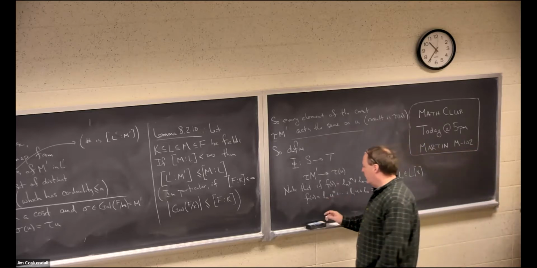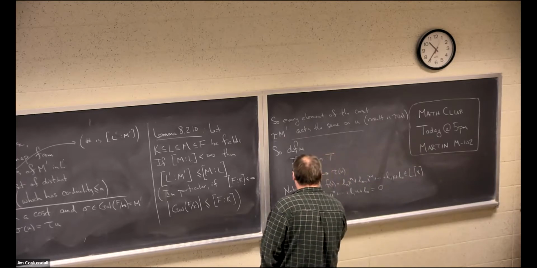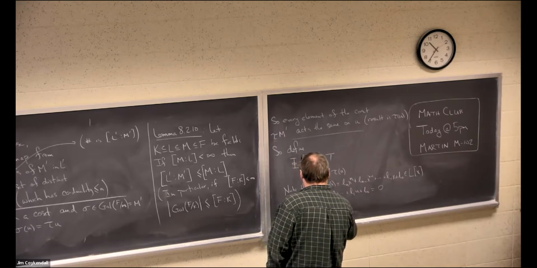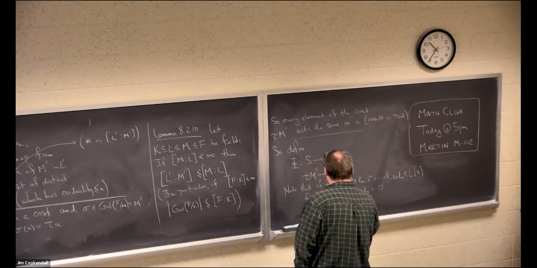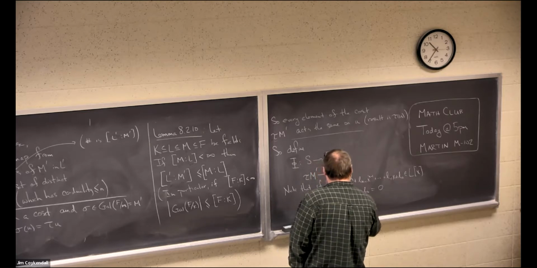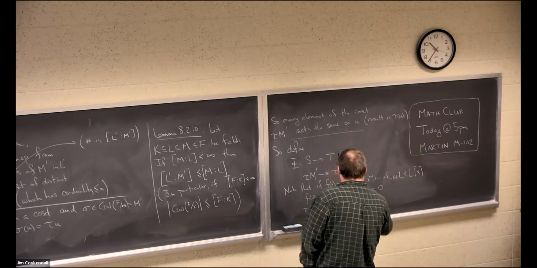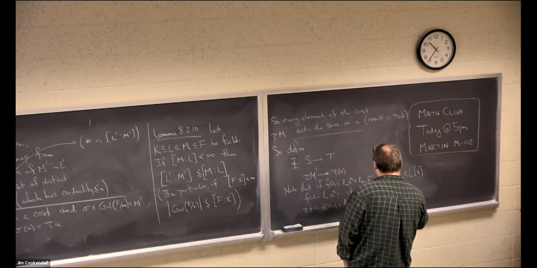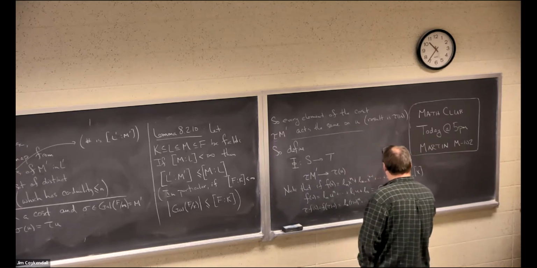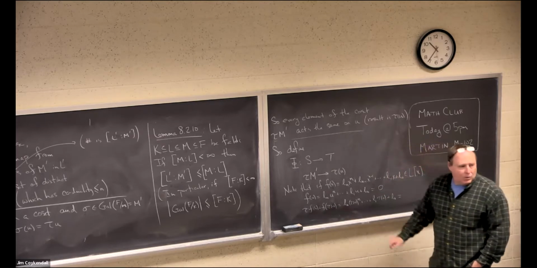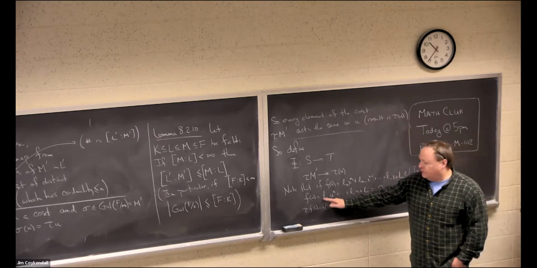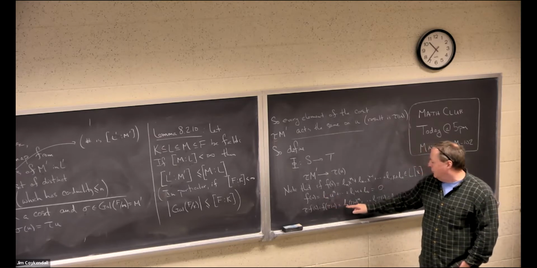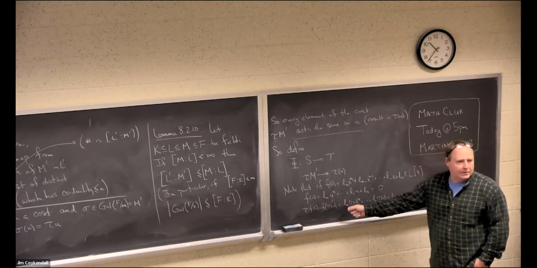So when you apply tau to this, because tau, being in L prime, fixes everything in L, the L's pass through tau like neutrinos, just comes right out.